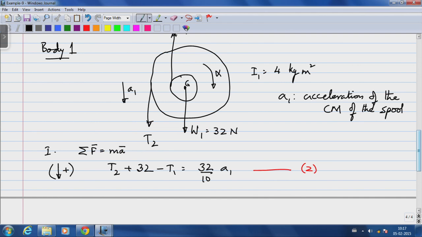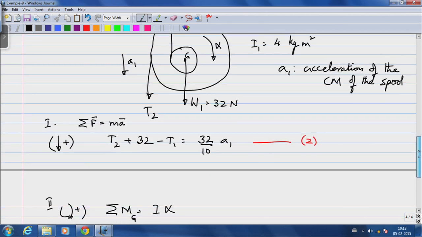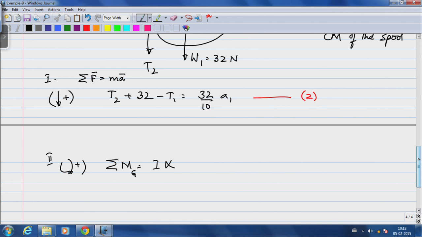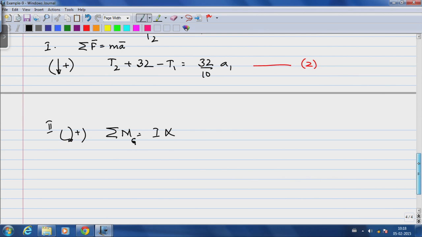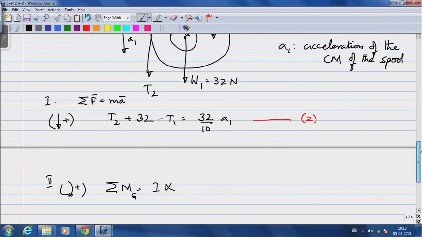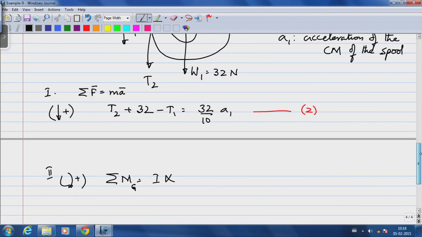The simple reason is, even if the center of mass is accelerating, sum of moments equals I times alpha, and this is a nice simple form of the equation to deal with. You do not have to remember the additional terms that arise when you are dealing with a point of reference that is moving in general. Okay, so, we are going to take moments about the center of mass.